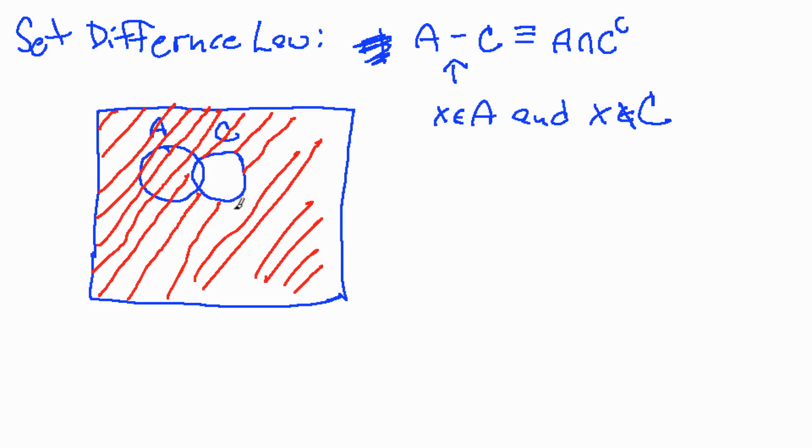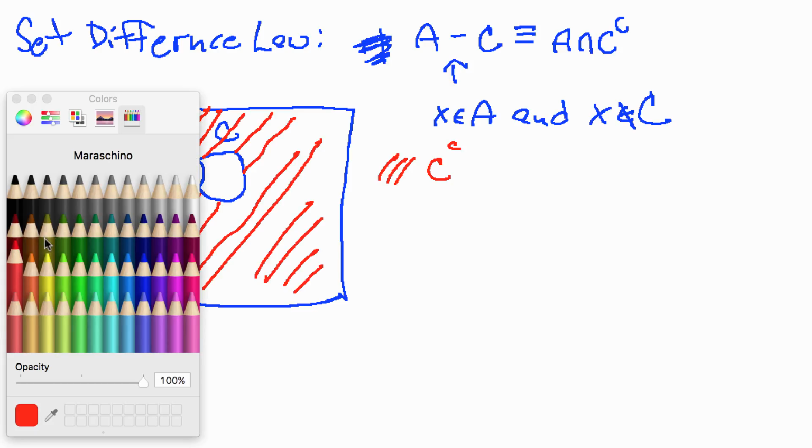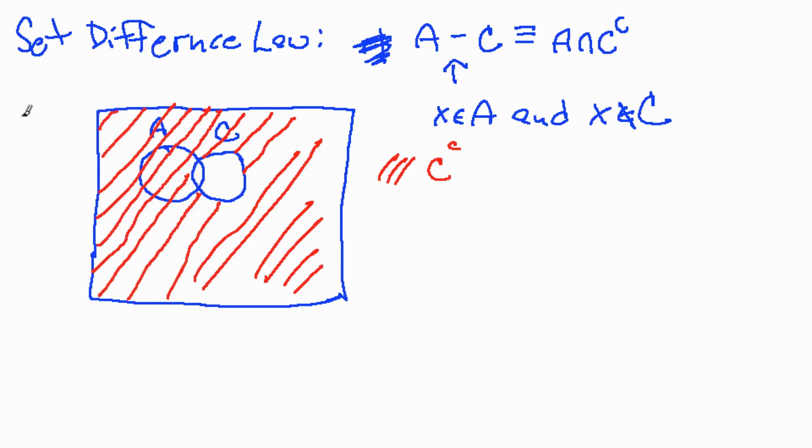Okay, you can imagine taking this circle C and just removing it and then coloring everything else red. So this, that's C complement. Okay, and we come over here and let's pick a different color for A. Okay, so A. So I've done A in green.